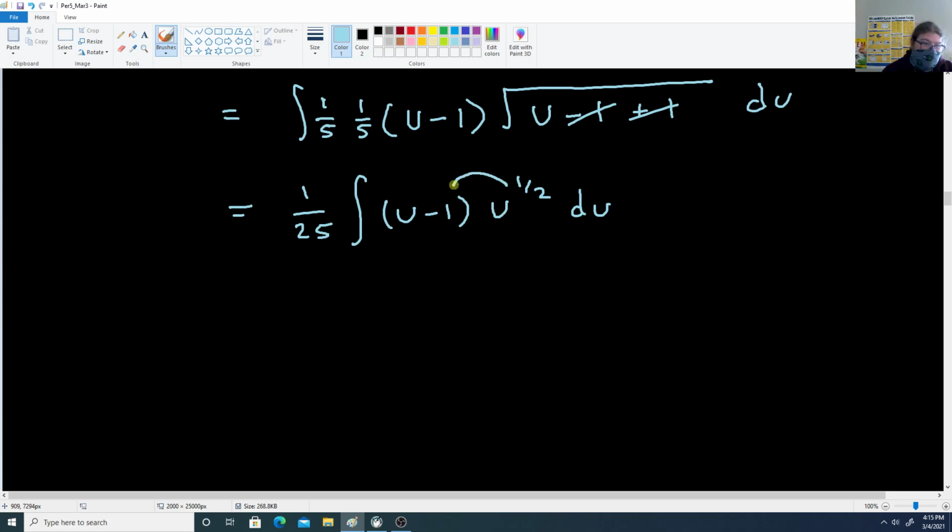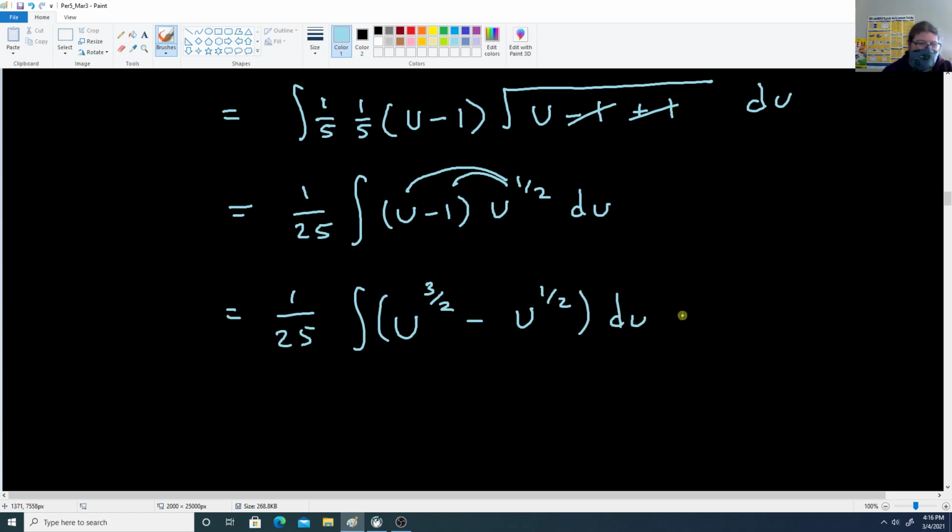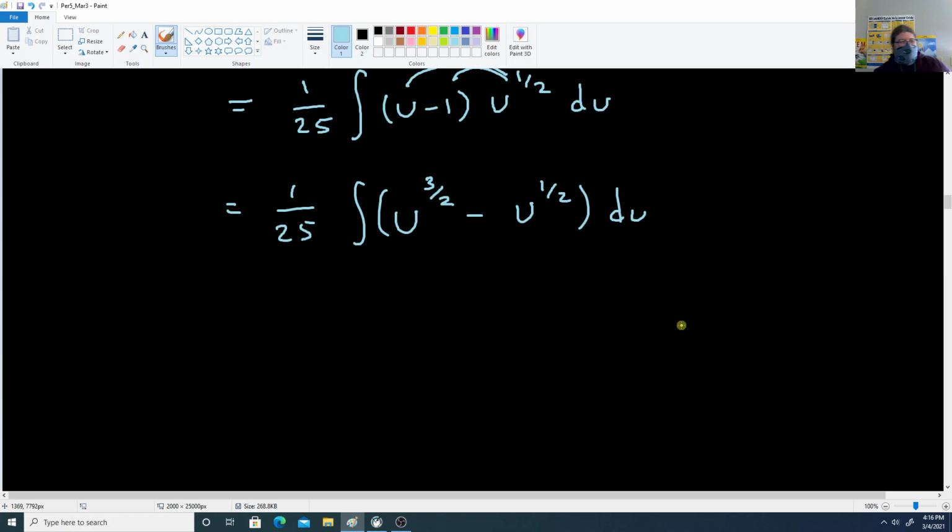So I need to distribute my u to the 1/2 power, so I have 1/25 integral of u to the 1 times u to the 1/2. You add the exponents, that's u to the 3/2 minus u to the 1/2 du. And finally, we're in a form where we're ready to take the antiderivative.